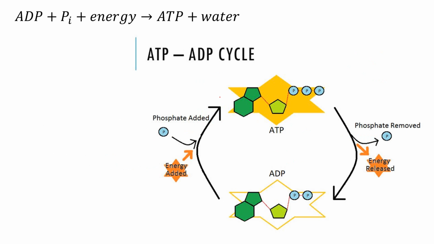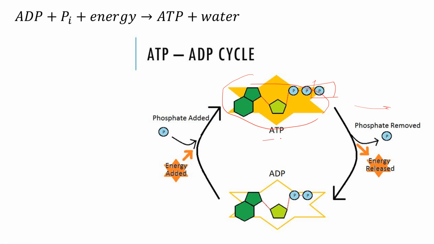Moving on. Okay, you need to know the ATP-ADP cycle. So we've got some ATP here. When the energy needs to be released from that to do something, this phosphate gets cut off and whips off somewhere else and reacts with something else, and there's some energy released, and you've then got ADP.